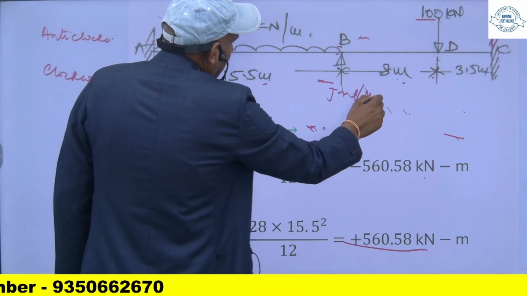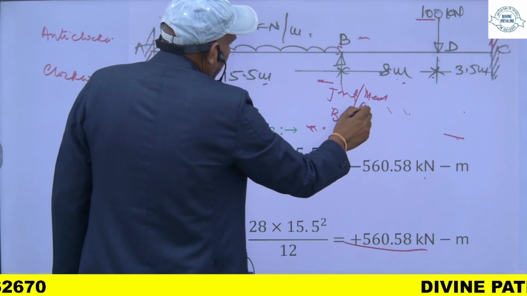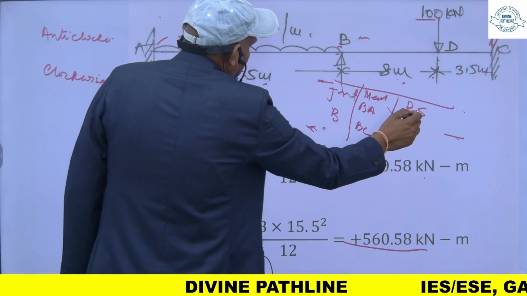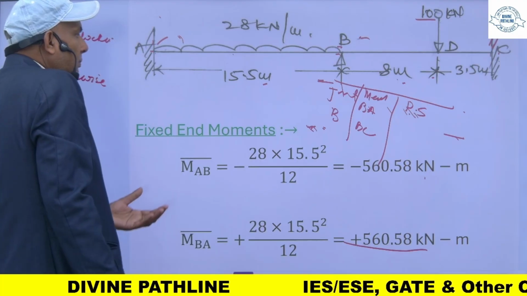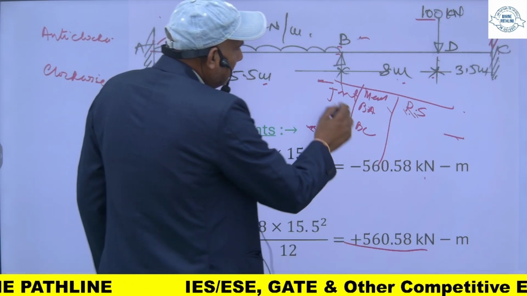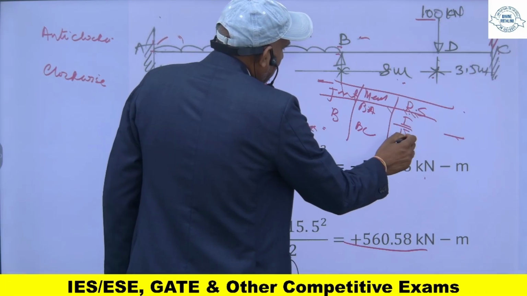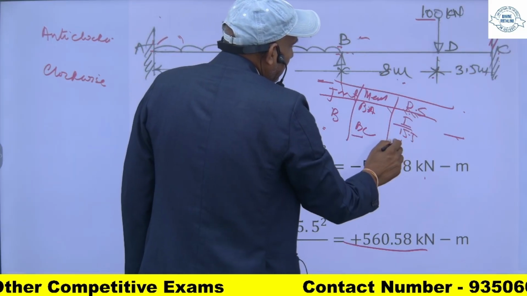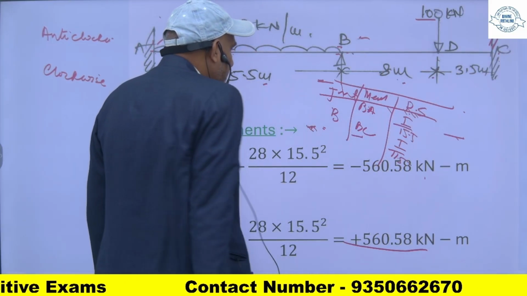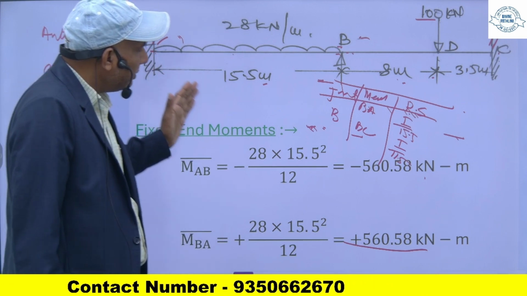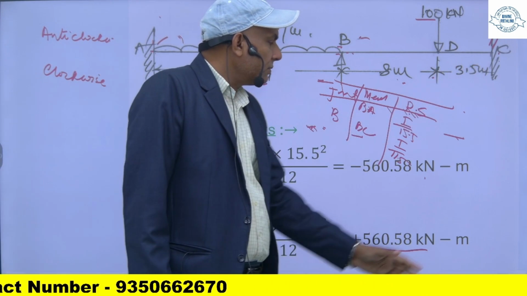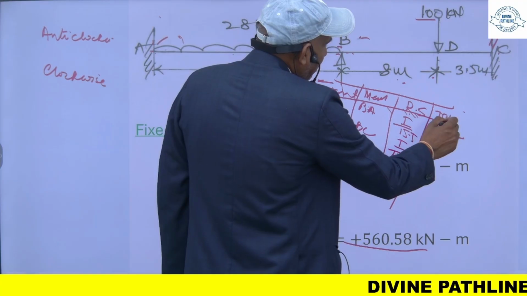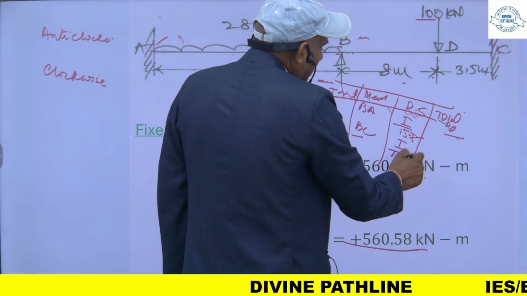The relative stiffness of this portion is moment of inertia I upon 15.5, and for the BC portion, it will be I upon 11.5. Since both the ends are fixed, this end is fixed, it will be I upon L, and this end is fixed, so it will again be I upon L. And the total relative stiffness will be the sum of this plus this.